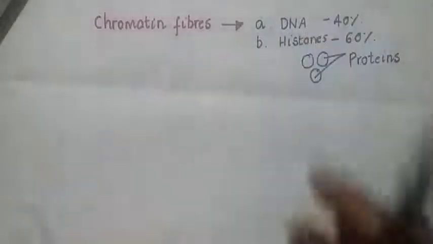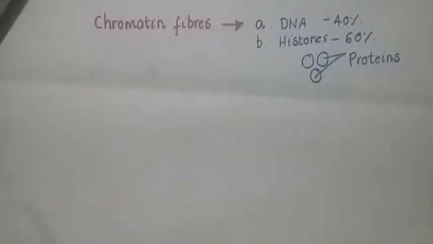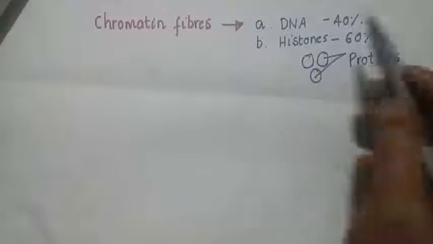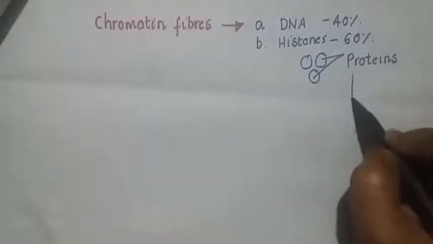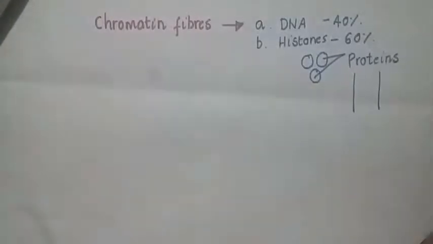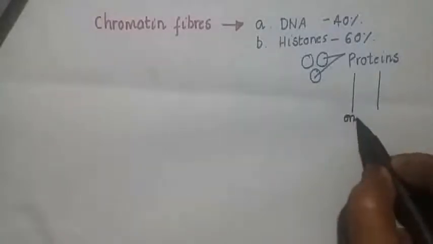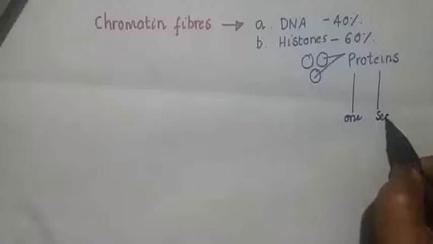Then, how about the DNA? In fact, DNA is a structure made up of 2 strands. So this is the first strand and this is the second strand.